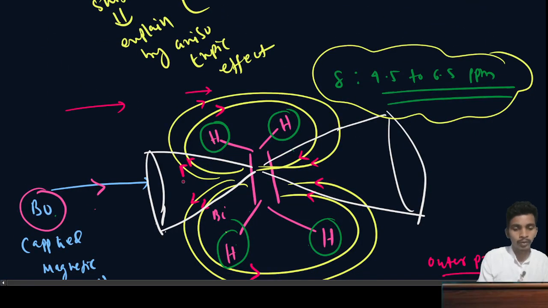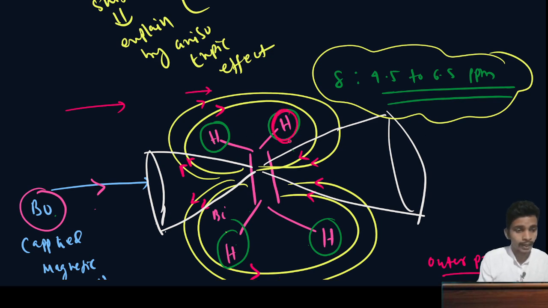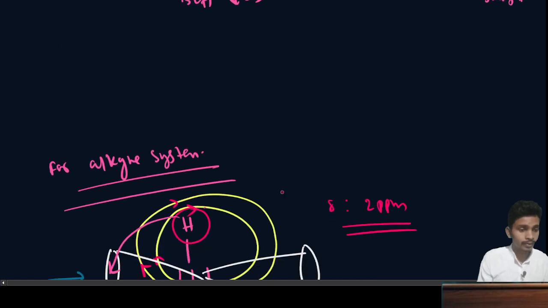Note that for alkene systems, these protons have a chemical shift of 4.5 to 6.5. Okay, but this is in alkene systems.